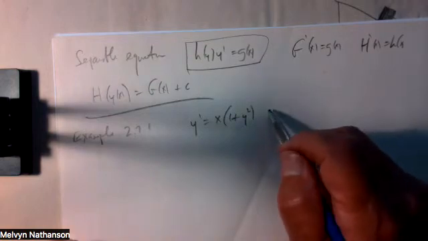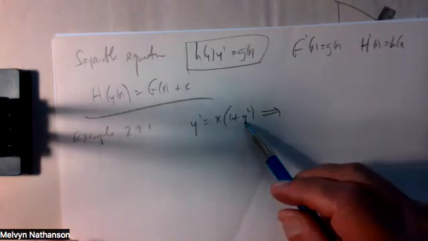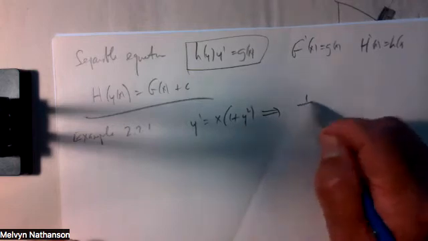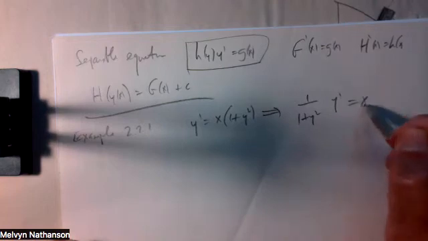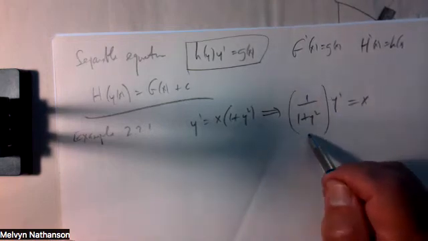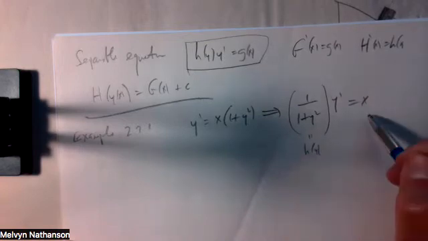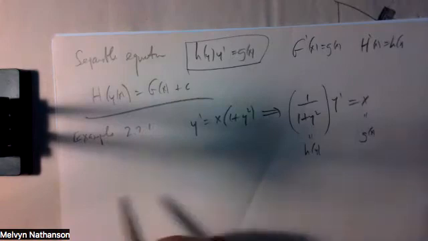Well, but you can rearrange this. You can divide by 1 plus y squared, which is never 0. 1 over 1 plus y squared, y prime, equals x. So this is my function little h of y, and this is my function g of x.